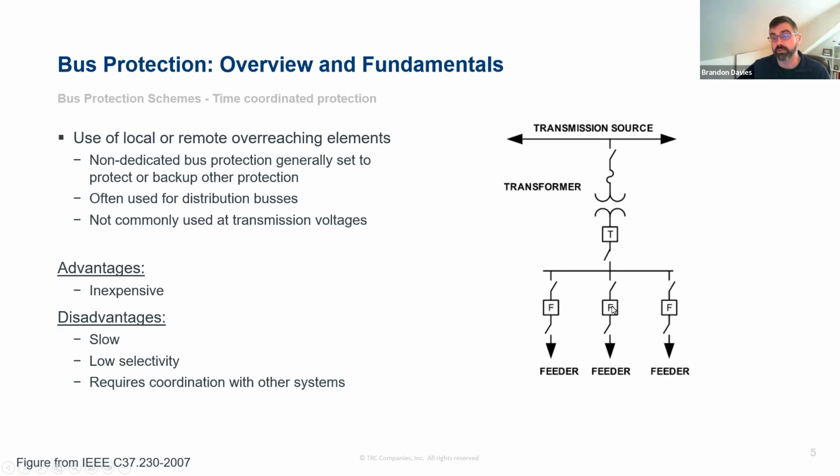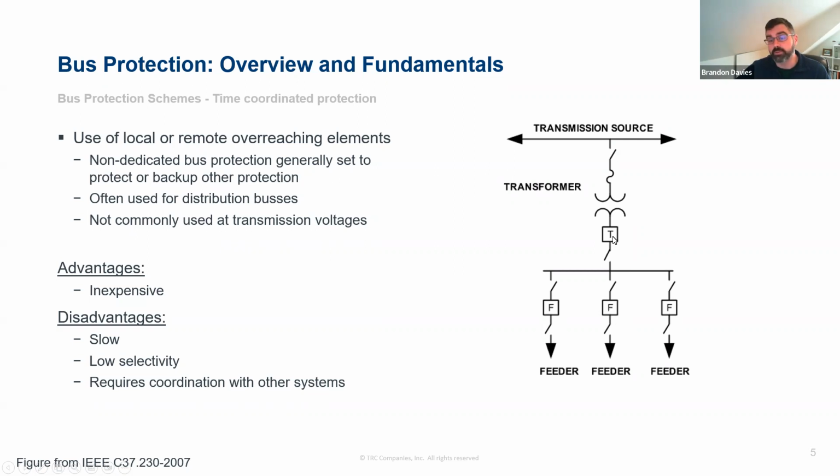Because it has to provide coordination with the feeder protection, it has to be slowed down pretty significantly to provide time coordination between the relay at this T breaker location and the relay at the F breaker.